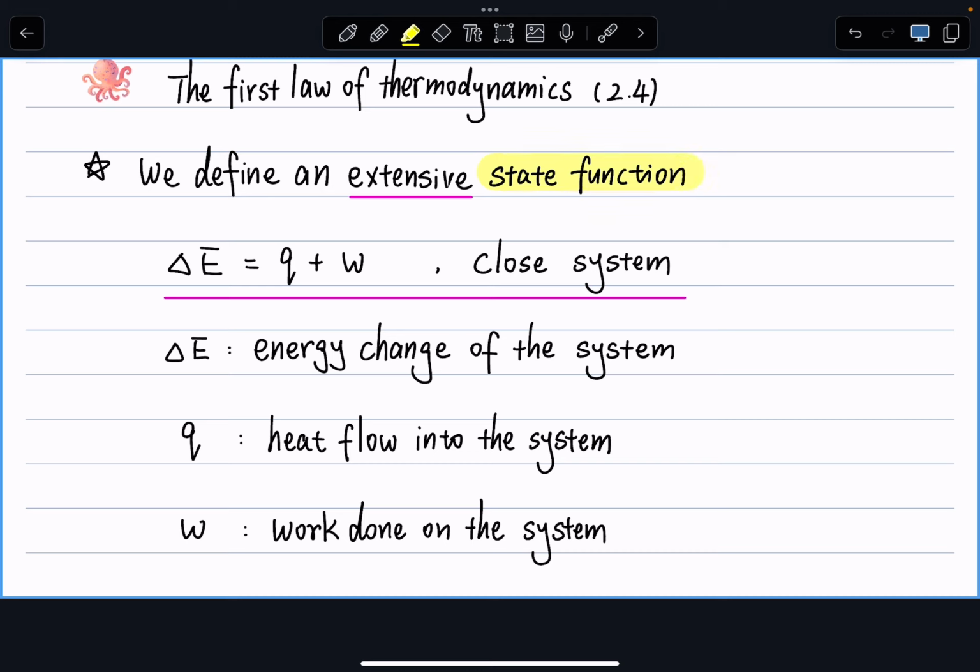And energy is a state function. So by definition, a state function is saying its value only depends on the current thermodynamic state of the system. Remember, when we say thermodynamic state, we're saying the macroscopic properties define a thermodynamic state.